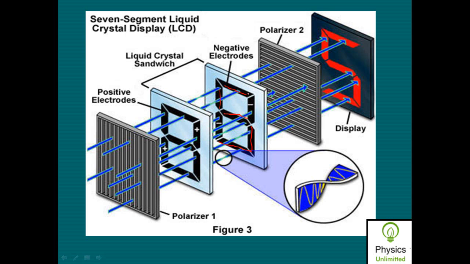So when you apply voltage to these segments, it takes the signal that no voltage has to be applied to this one and this one. So these two segments will appear as bright, while the rest of the segments will appear as dark.